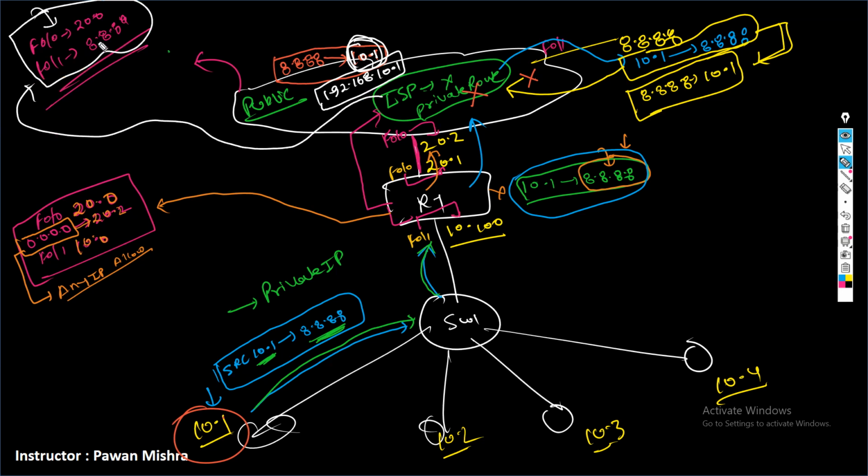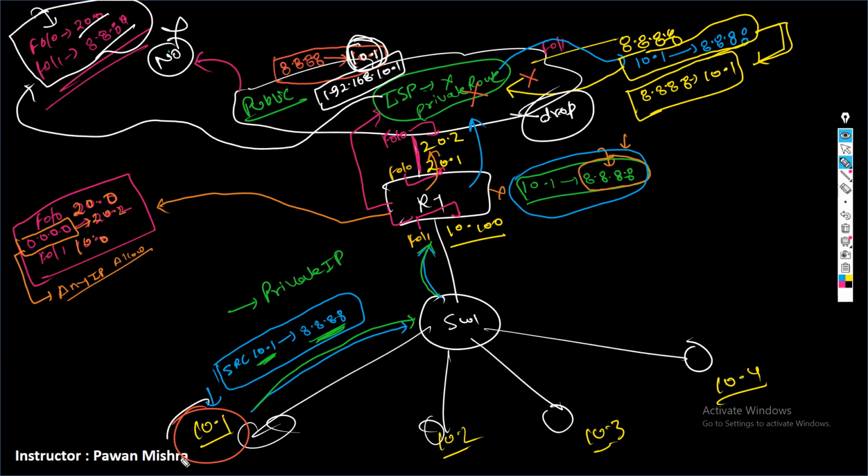Can you check, guys? Do we have any 10.0 network in the routing table of the ISP? No, right? So it means this ISP will drop this packet.